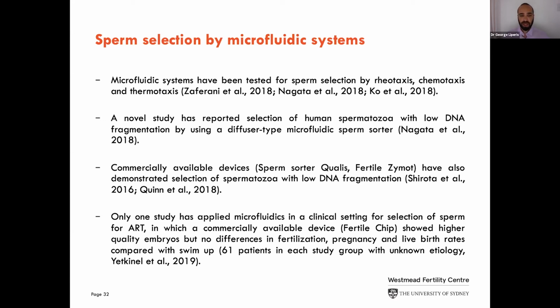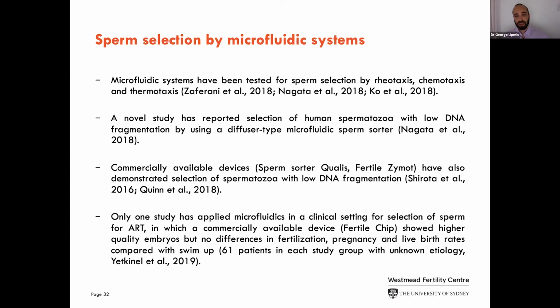However, only one study has applied microfluidics so far in a clinical setting for selection of sperm in an ART setting, in which again a commercially available device was used, and that showed higher quality embryos being developed, but there was no differences in fertilization, pregnancy, and live birth rates compared with swim-up.